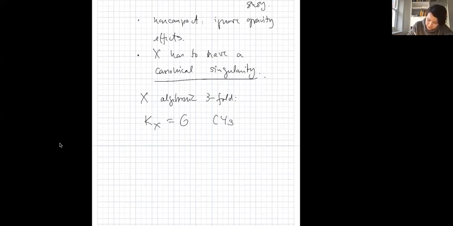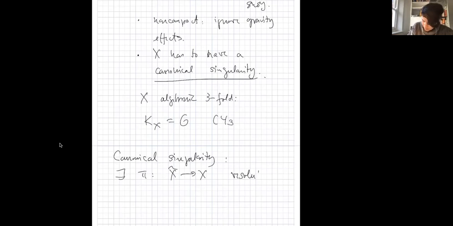So a canonical singularity is such that there exists some map π that is a resolution of the singularity.